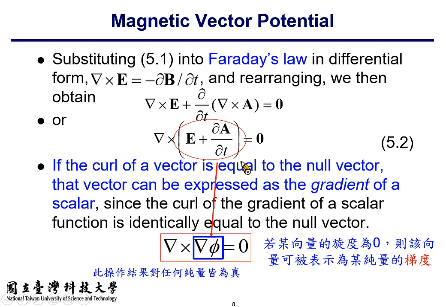We begin with the curl of E equals the minus of the time derivative of the magnetic flux density B. Now we can replace B with what? Curl of A. So we replace B with the curl of A and bring that term from the right-hand side of the equal mark to the left-hand side.